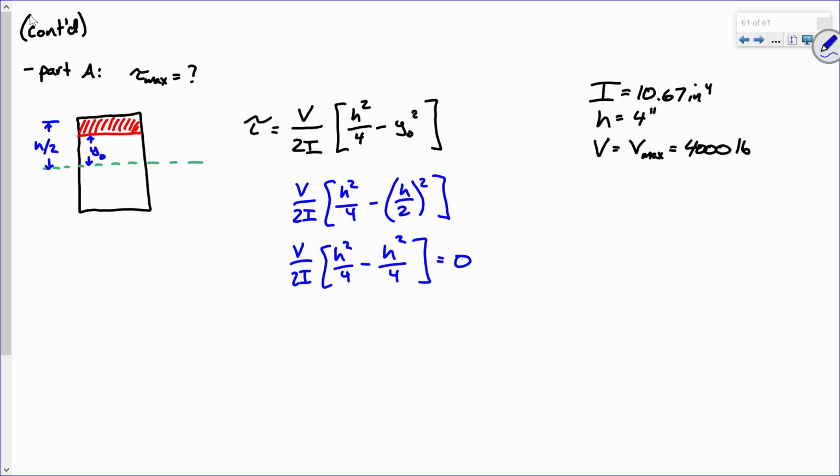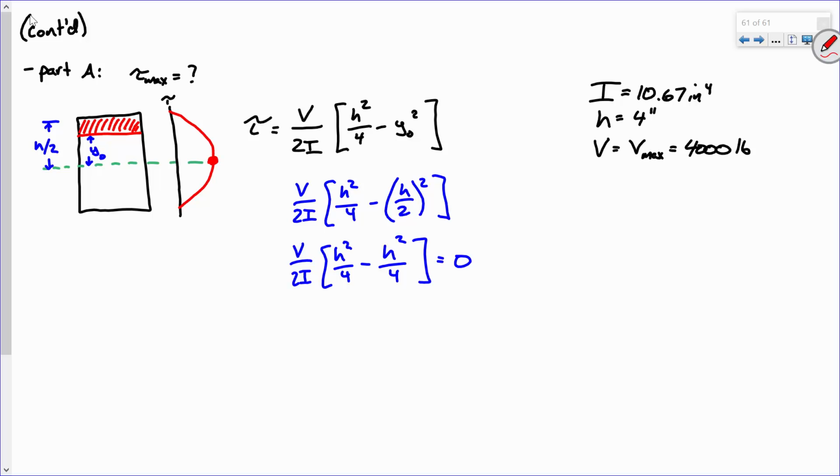I propose that the worst shear stress location we're going to get is right in the middle. Go back to this. What does your shear stress profile look like? It looks like this.